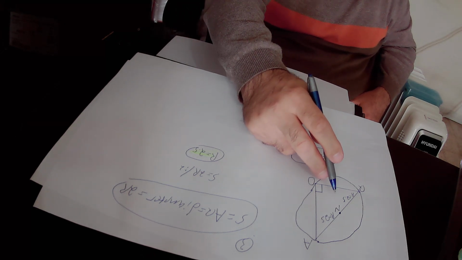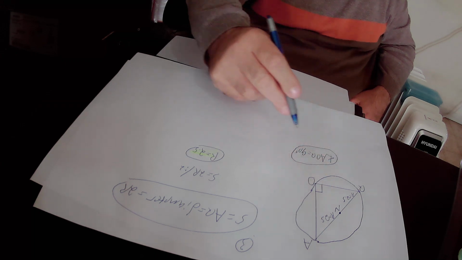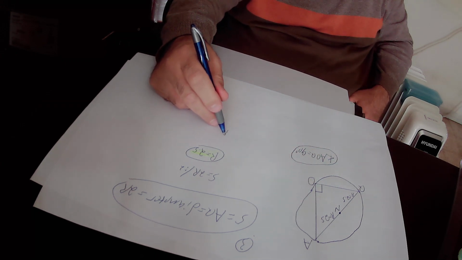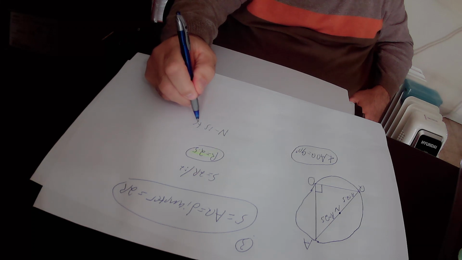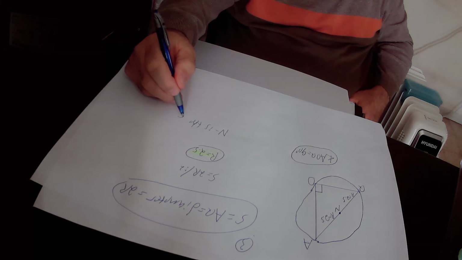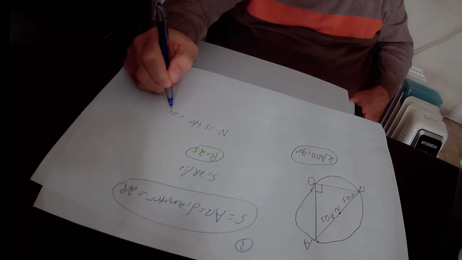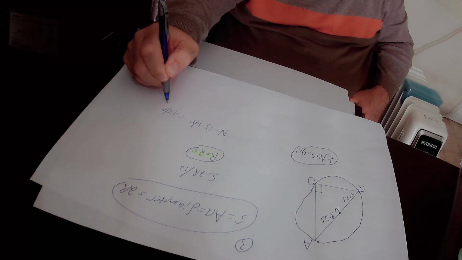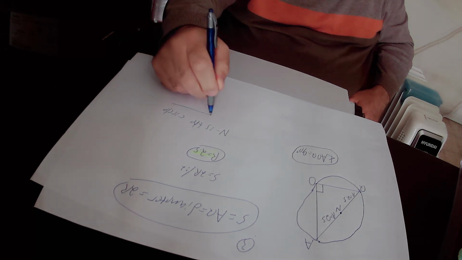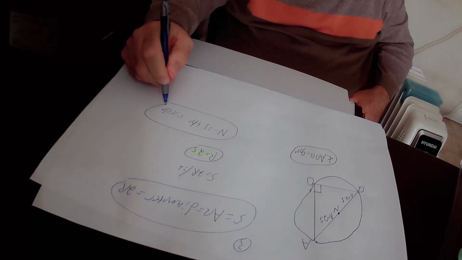The intersection point occurs at point N, therefore point N is the center of the circle.